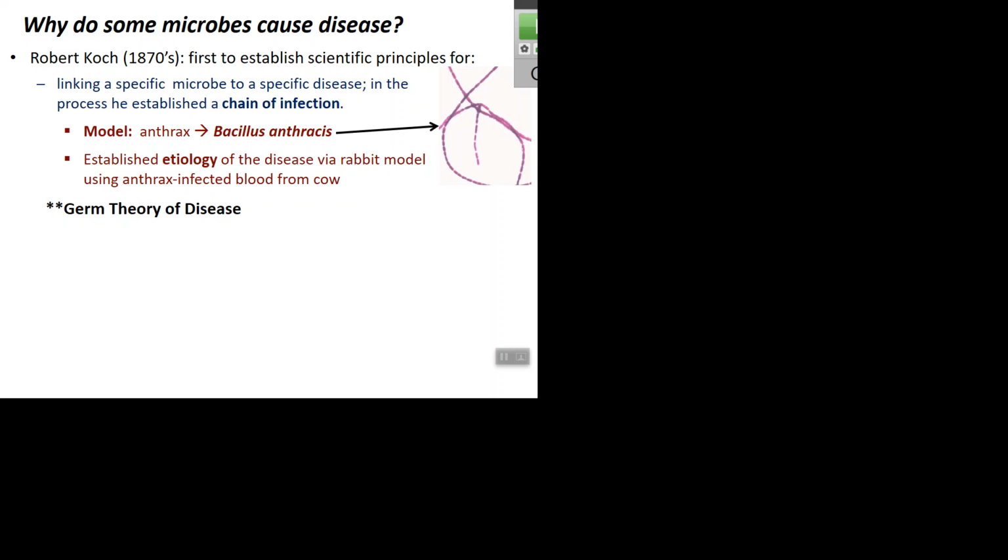And if he took blood samples containing this and put it in a healthy animal, the animal would get sick. So this is fairly easy to establish when you can find the cause of disease by looking at a blood sample. You don't have to do a lot of work.